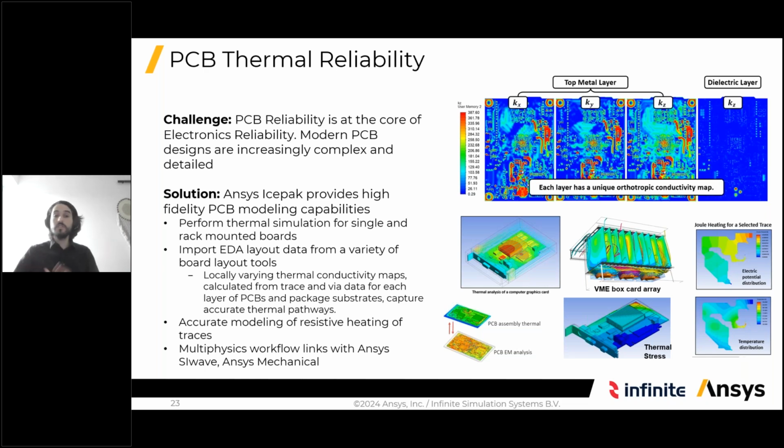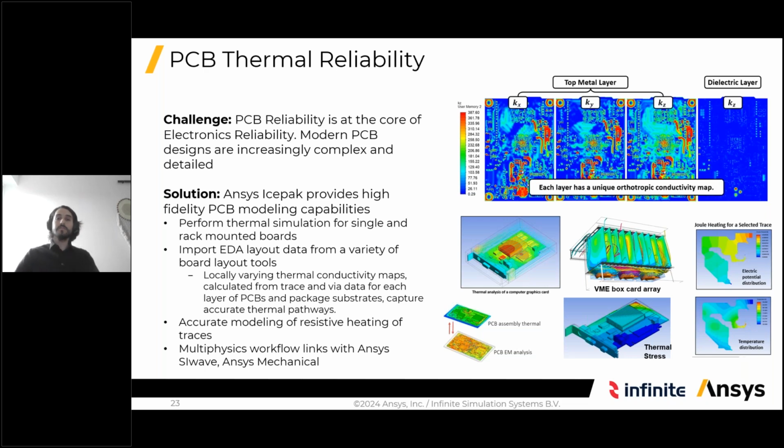Maybe we have two different manufacturers and two different heat sinks, and we want to see which is better for our design. Or we can even have a different what-if scenario of the different position of the cooling fans that we might be using to cool our system off. So you can see that we can play a lot around in this 3D environment of IcePack.